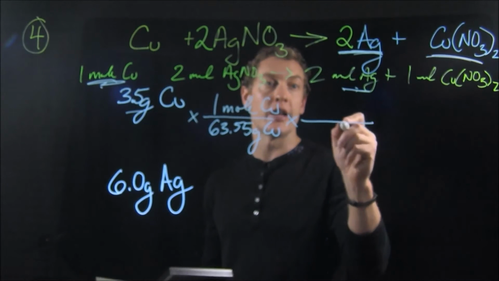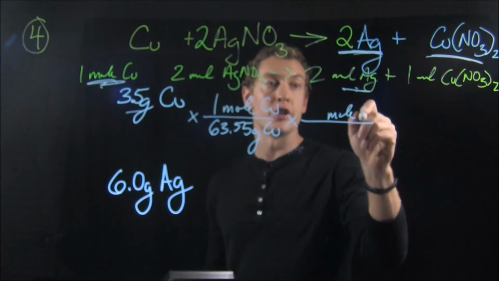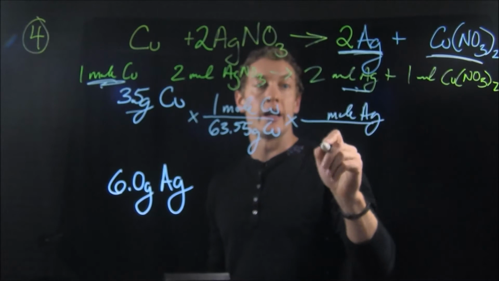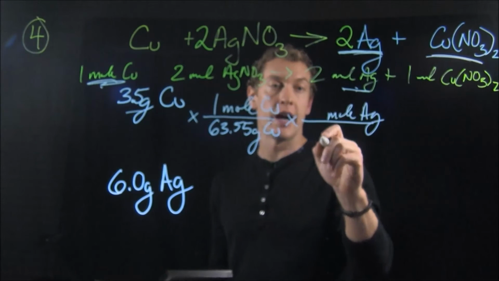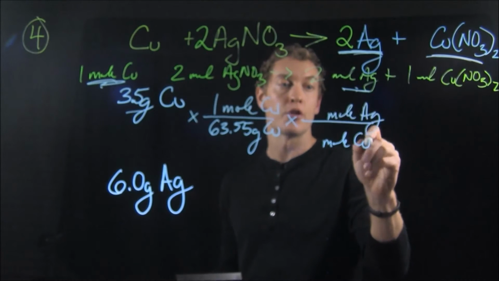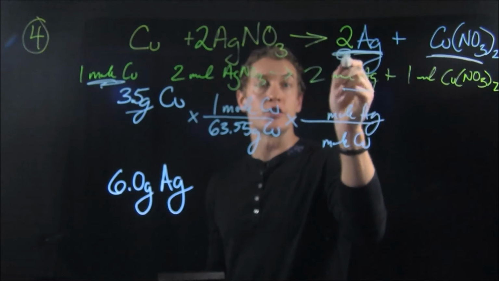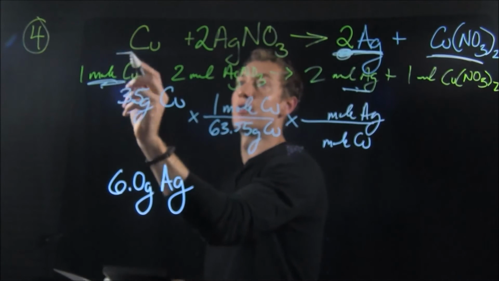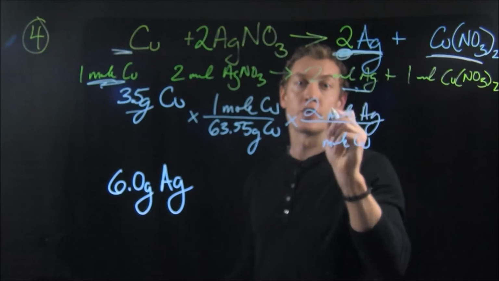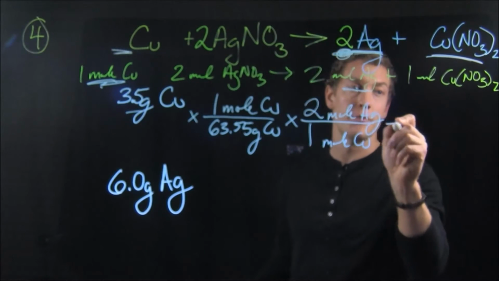Then we're going to convert that to moles of silver, and we need to cancel moles of copper. Moles of copper go on the bottom, and it's 2 moles of silver for every 1 mole of copper. So it's a 2-to-1 ratio.